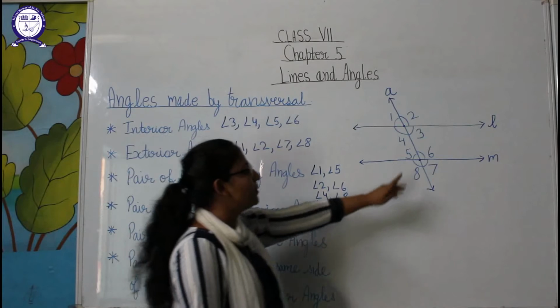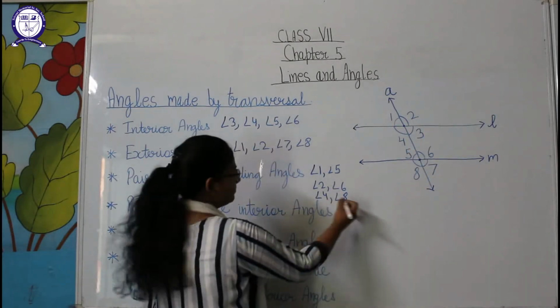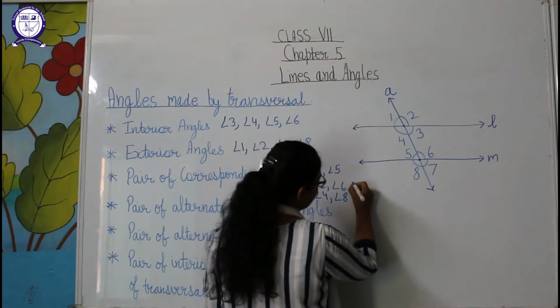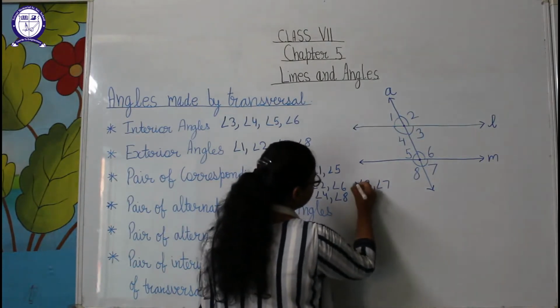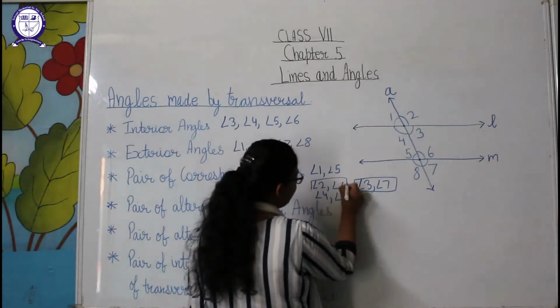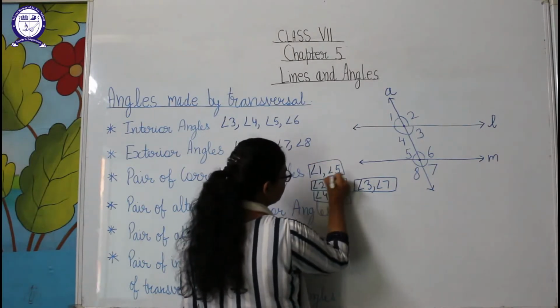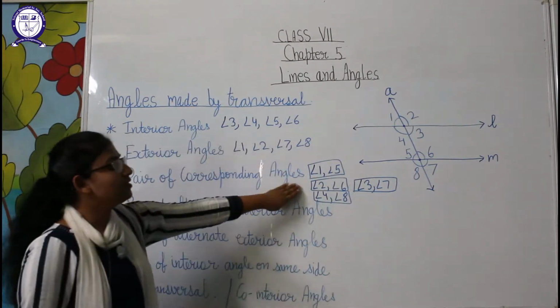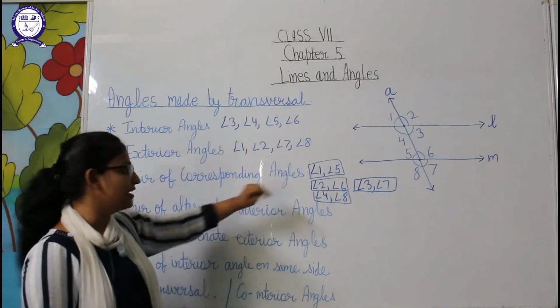And now the last pair is angle 3 and angle 7. These are also a pair of corresponding angles. There are 4 pairs of corresponding angles, and these are the angles.